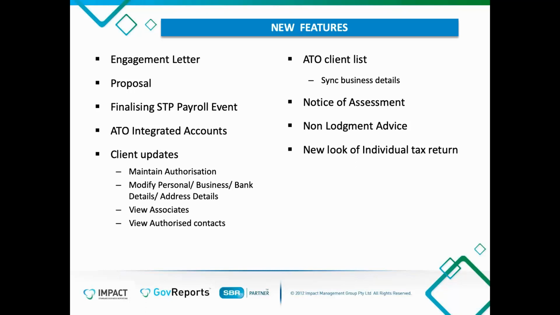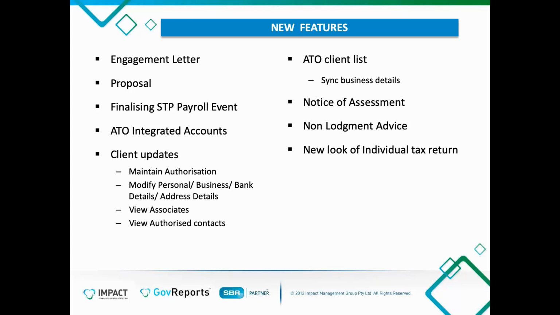So we're going to have a look at an engagement letter. We're going to have a look at what their proposal is, and as far as I know, that isn't in the software yet. Looking at finalising STP, because we are coming up to that. We've got a few months yet, but it is something that can be ongoing with your finalising STP.